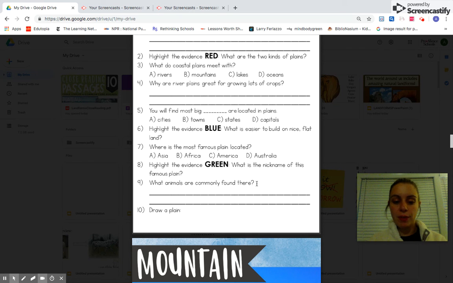What are some of them? Okay, pause and find that in the text. And your last question, draw a plain. So, a plain, remember, is flat and usually grassy near a coast or a river. So you may draw that right here. Once you do that, then you're done.